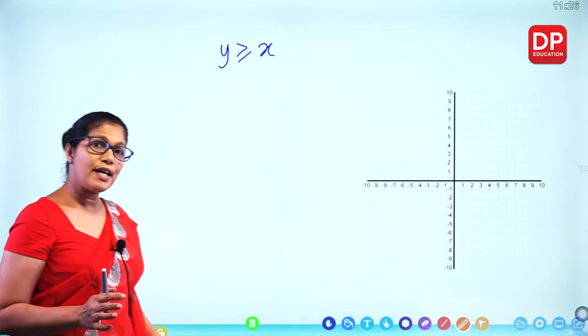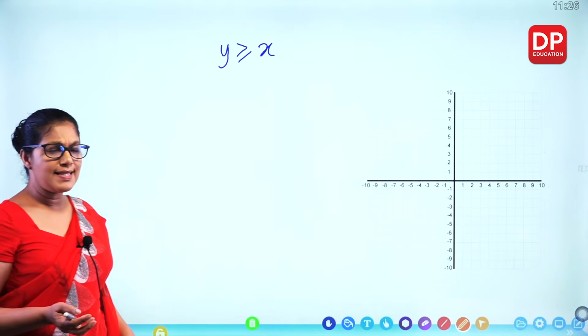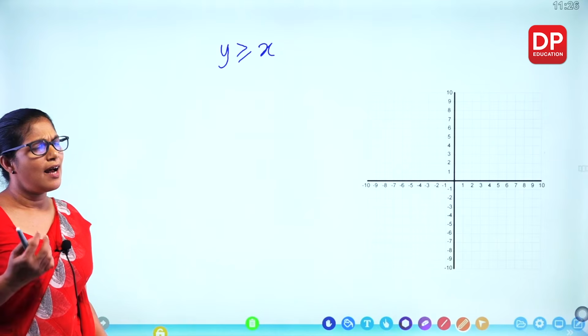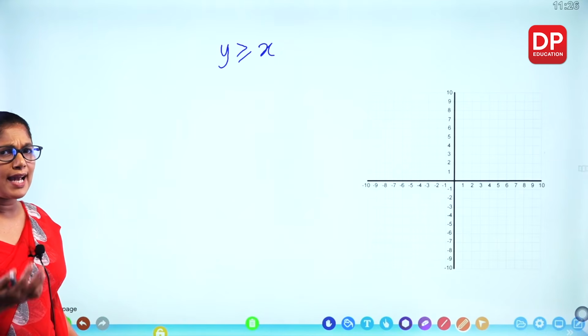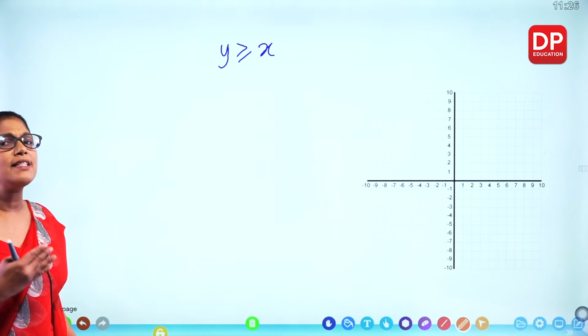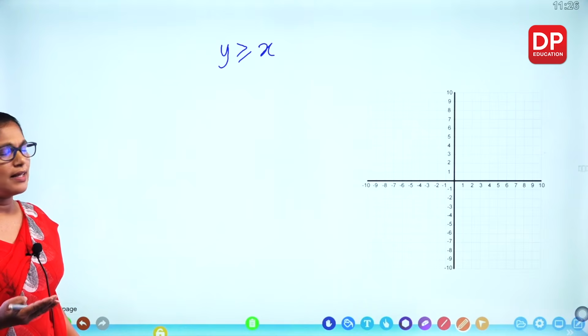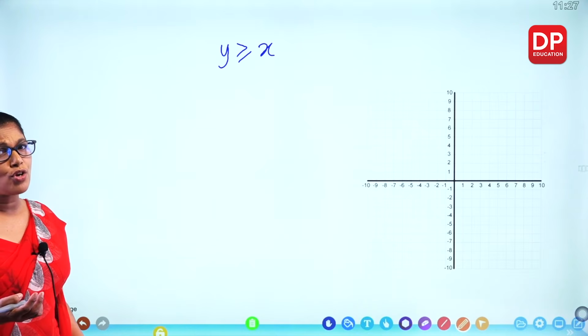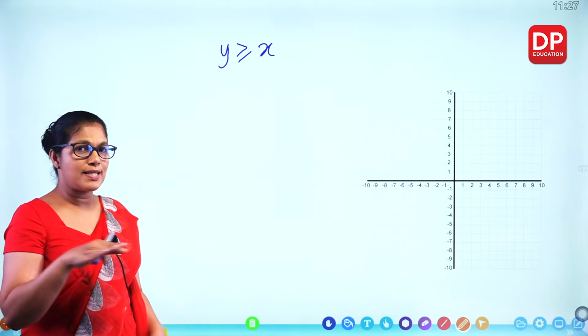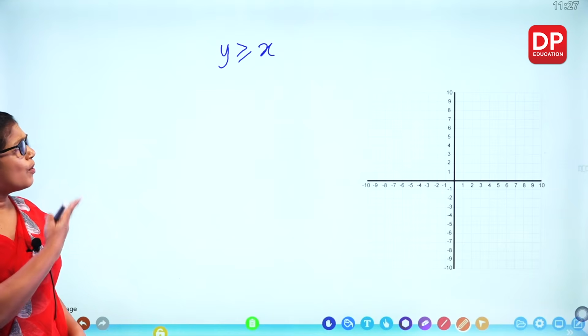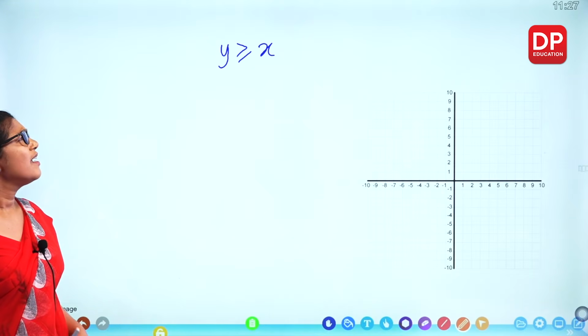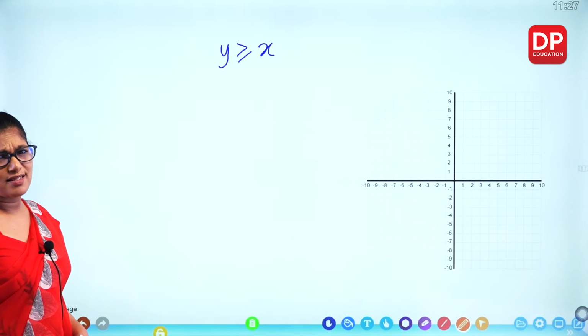Now so far we got vertical lines and horizontal lines. How can we identify vertical lines? When the equation is x equals something. How do we identify a horizontal line? Y equals something. But now you are getting y greater than or equal to x.